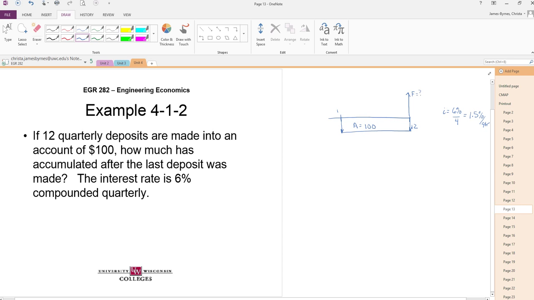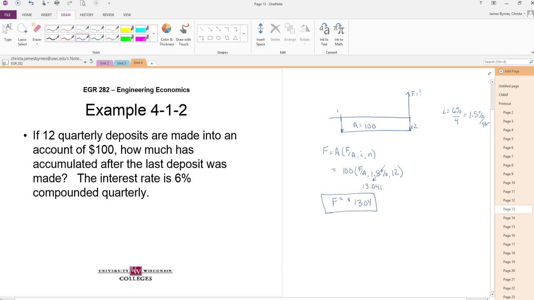F is unknown. Well, again, F is equal to A, F given A, I-N. 100, F given A, 1.5% for 12. Look that up. 13.041 gives 1304.